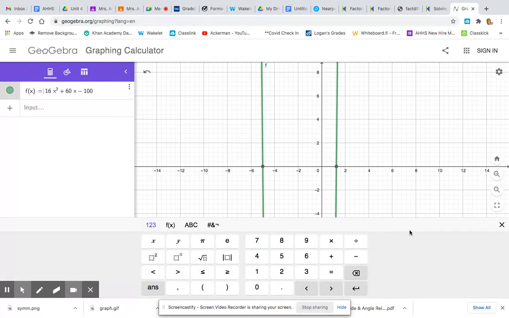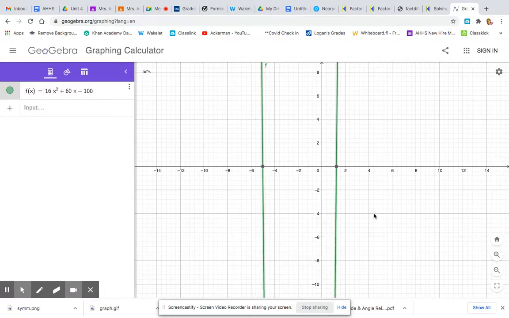We solved by getting the factors, but if I click right here on my x-intercepts, you will see the root, as they're calling it here, is 1.25 comma 0. Because it's an x-intercept, the y value is 0 because it's crossing your x-axis. But this is a solution, 1.25 comma 0.